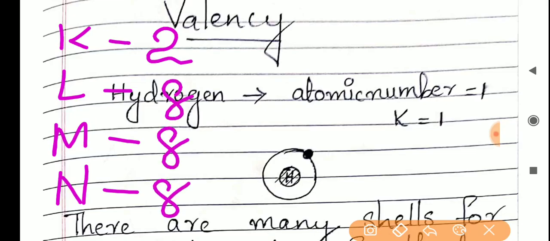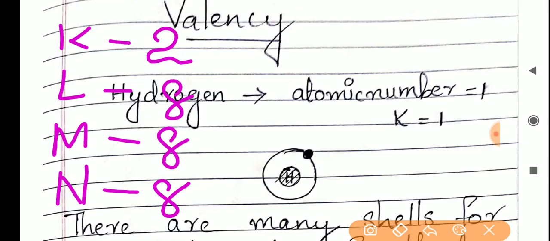If there are not 2 electrons in the K shell, that means that particular element is not stable in nature. Or if the number of electrons in the L shell or M shell is not equal to the maximum number, that means that particular element is not stable in nature.